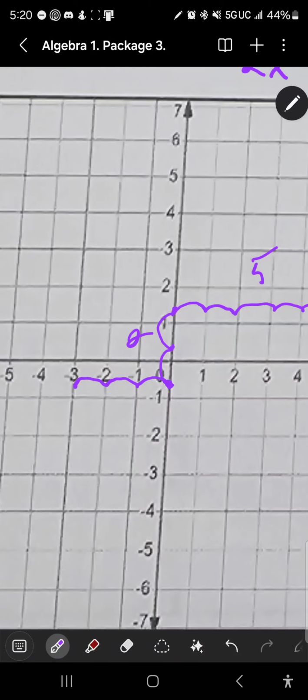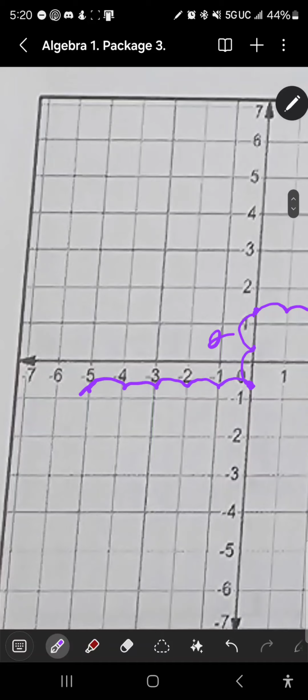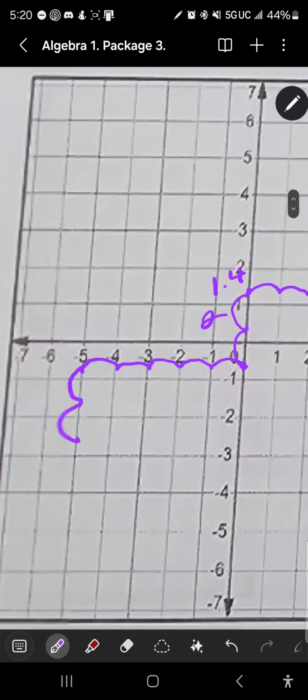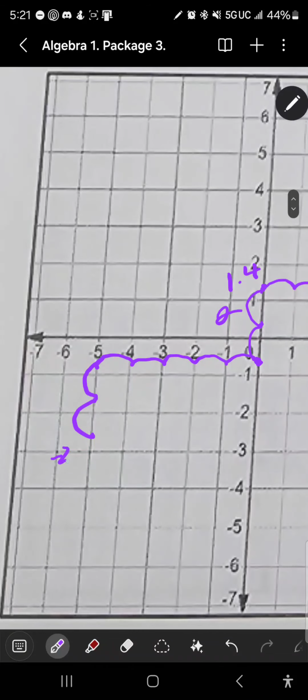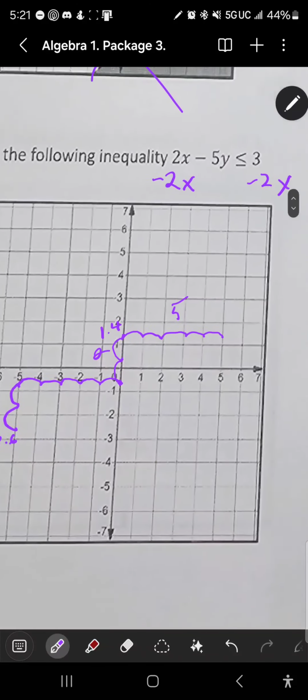So 1, 2, 3, 4, 5, and then 1, 2, and this right here will be negative 2.6, since I'm going 2 down and we were at negative 0.6. So we can do the line.